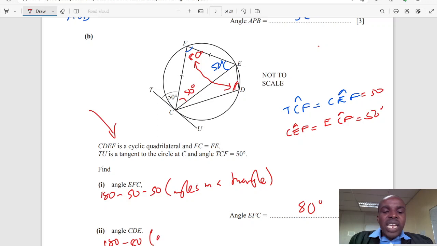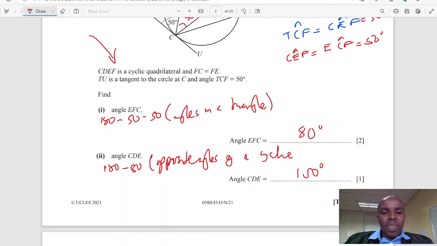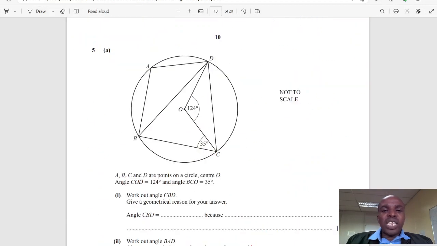Why? You can say opposite angles of a cyclic quadrilateral. Then it will be 180 minus 80 is 100. Just like that. Then, super. Right, then, done with this question paper.